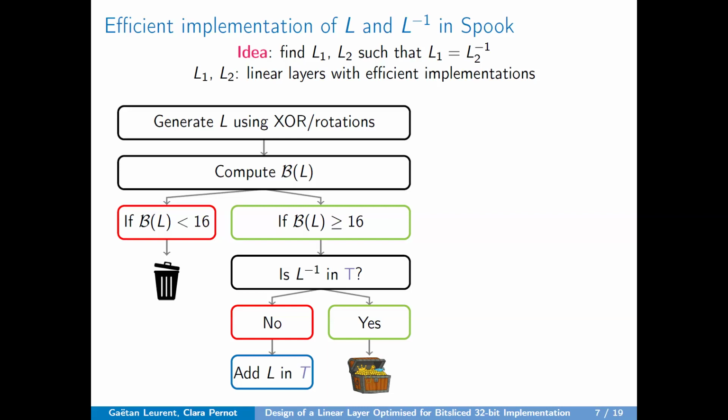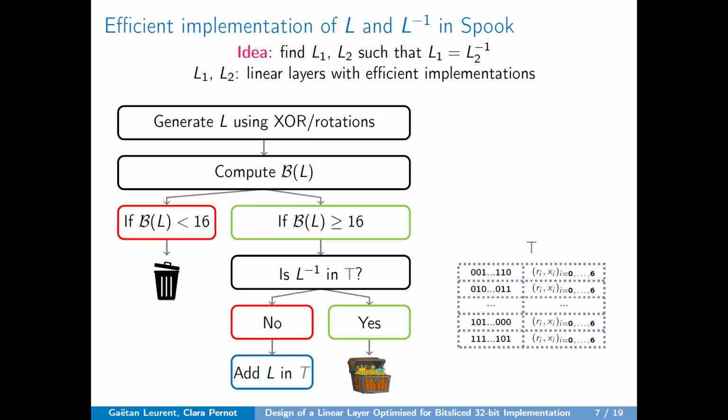If the branch number is smaller than 16, they just delete the candidate. And if the branch number is at least 16, they look if they have already found an efficient implementation of the inverse. So there is a table in which they store all the linear layers with their efficient implementations that they have already computed. And if there is a collision between an efficient implementation of L and an efficient implementation of L inverse, then we are happy. And if it's not the case, we just add L and its efficient implementation in the table T, and we go back to step 1, and we iterate this until finding a collision.